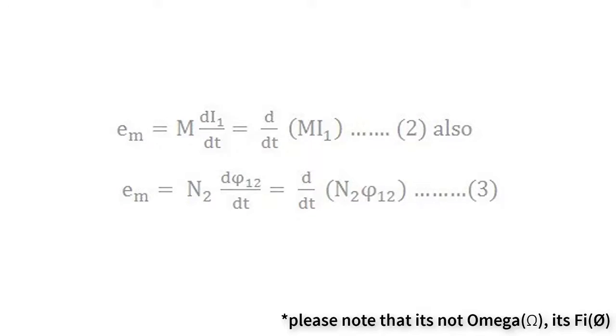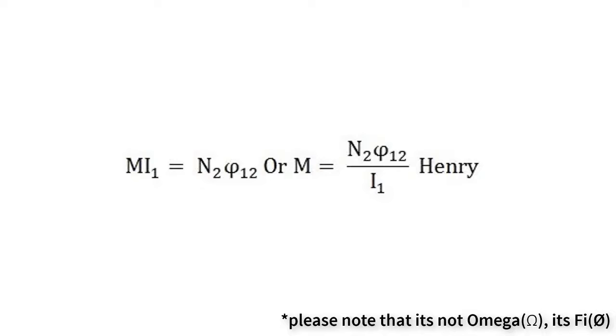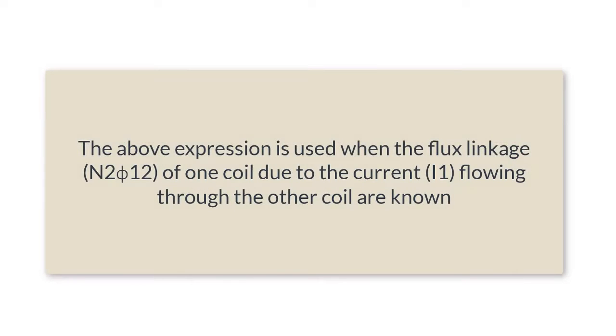Okay, so equating equation 2 and 3, you will get M I1 is equal to N2 phi12, or we can say M is equal to N2 phi12 by I1 Henry. The above expression is used when the flux linkage N2 phi12 of one coil due to the current I1 flowing through the other coil is known.